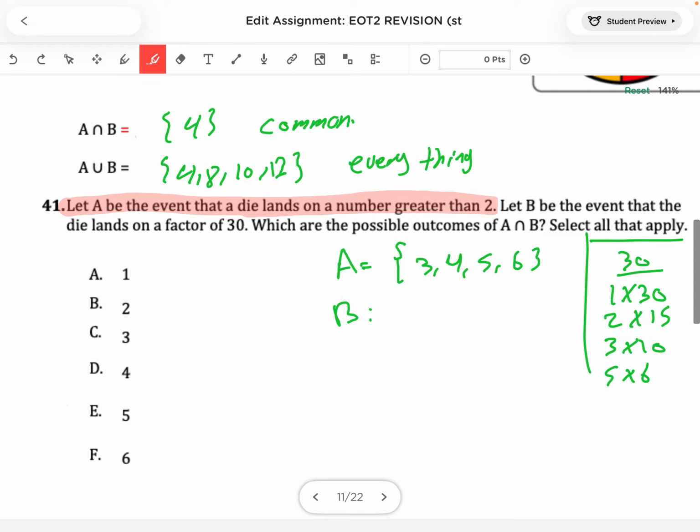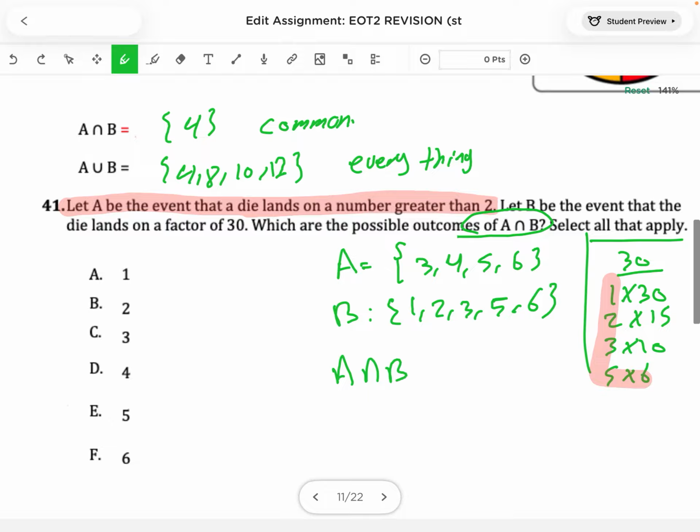Now which one of these numbers are between 1 and 6? These numbers. So B will be 1, 2, 3, 5, and 6. We need the intersection. What is the common between the both? It is 3, 5, and 6. Next one.